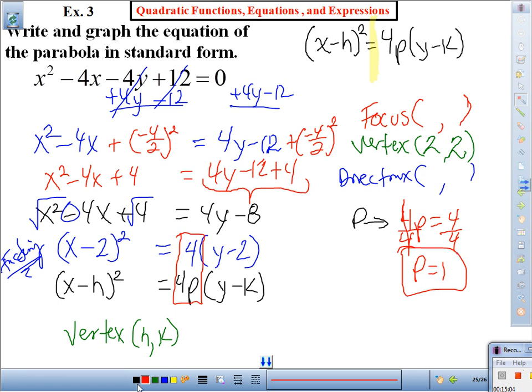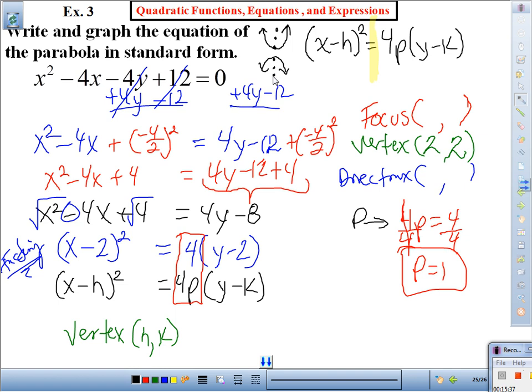So now check this out. Going back and thinking it through again. If it has an x squared, it's a vertical parabola. What does that mean, Mr. Q? That it opens up or it opens down. What do I need to know about that? That it has all 3 points lined up like so or like so.